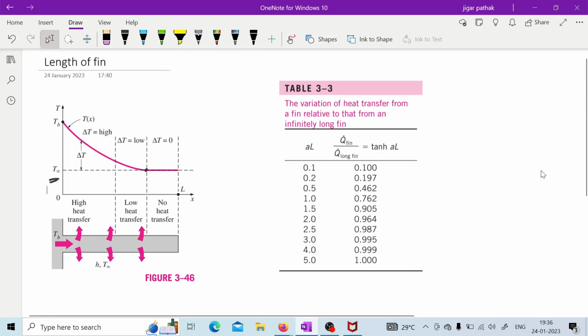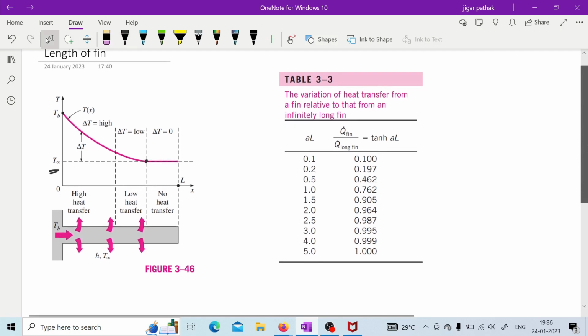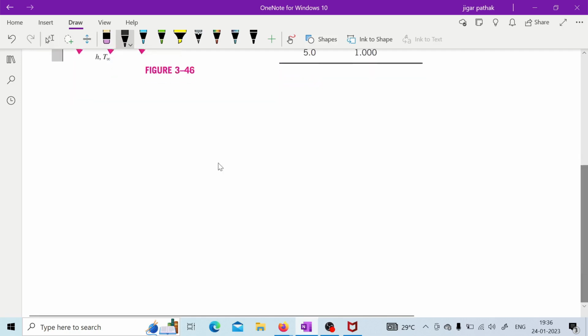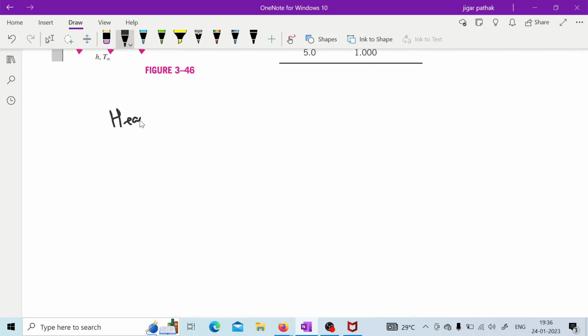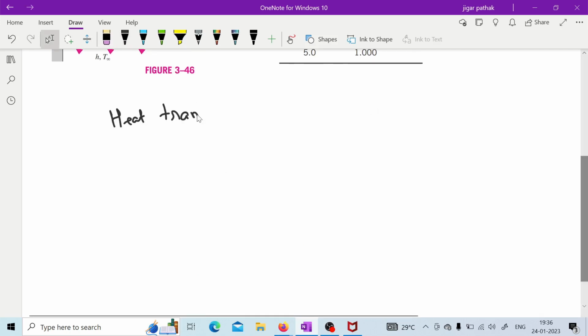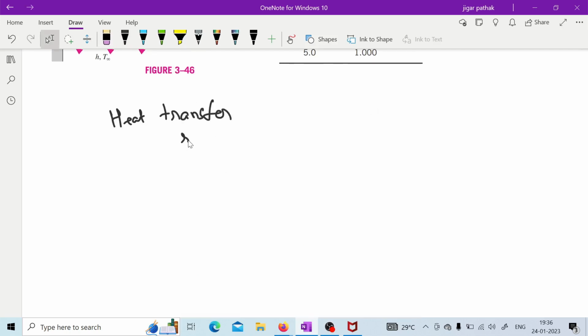So here, in the example they have considered, they came up with this calculation by considering the heat transfer ratio. Let me define that heat transfer ratio. This heat transfer ratio is nothing but the heat transfer through the fin divided by the heat transfer through the long fin.